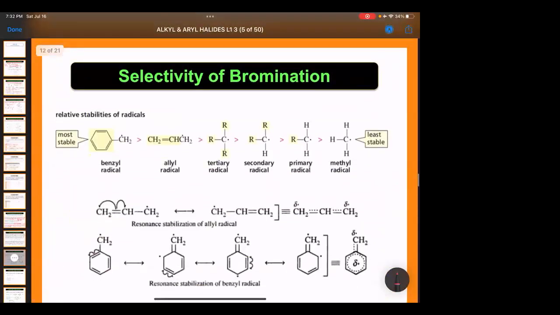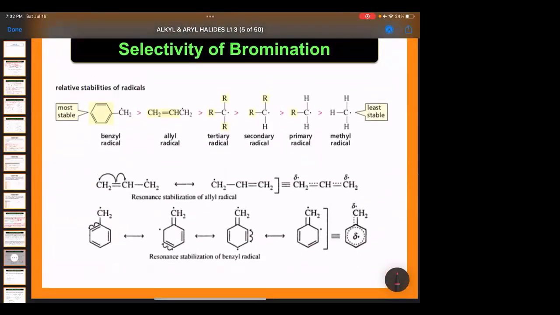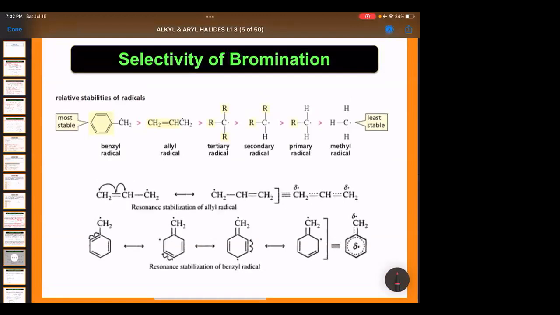And how can you decide that some hydrogen can come out easily or not? How will you decide, the energies of the C-H bond? Any idea about this? How does bromine judge which hydrogen can be broken or taken away most easily? Why is bromine more selective?